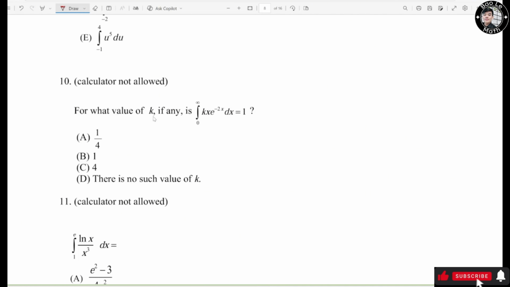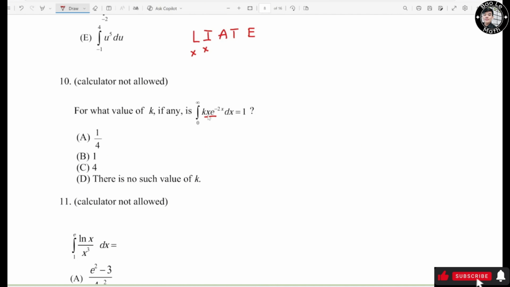Question 10. For what value of k, if any, does this equal 1? We look at this one, and we need to use integration by parts. So remember we have L, I, A, T, E. Now we look at this expression, we don't see a log, so we eliminate this one. We don't see an inverse trig, so eliminate this one.